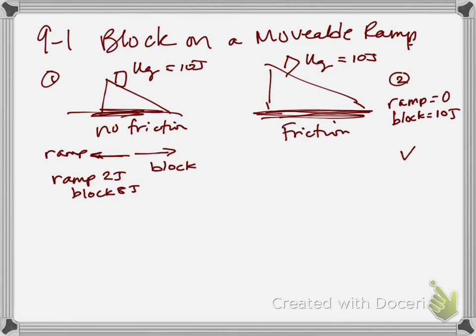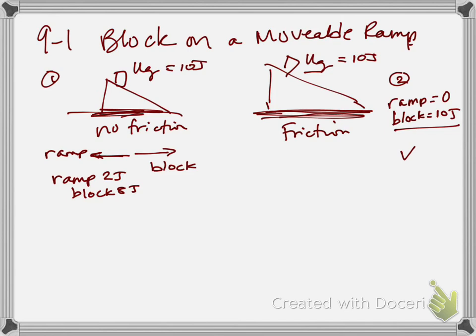So with more kinetic energy in case 2, the block is going to be going faster in case 2. Another way of saying that is that all of the gravitational potential energy is going to be converted into kinetic energy of the block, and none going into the ramp.